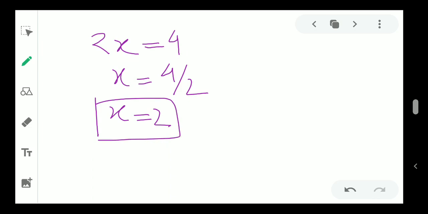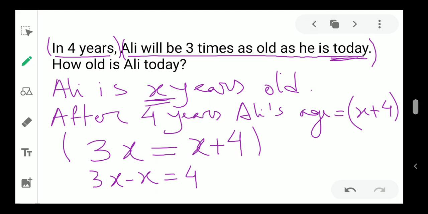So after 4 years his age will be 6, and you can see that if you multiply 3 with 2 it will be 6. That means after 4 years he will be thrice his present age, and this was the condition, right?